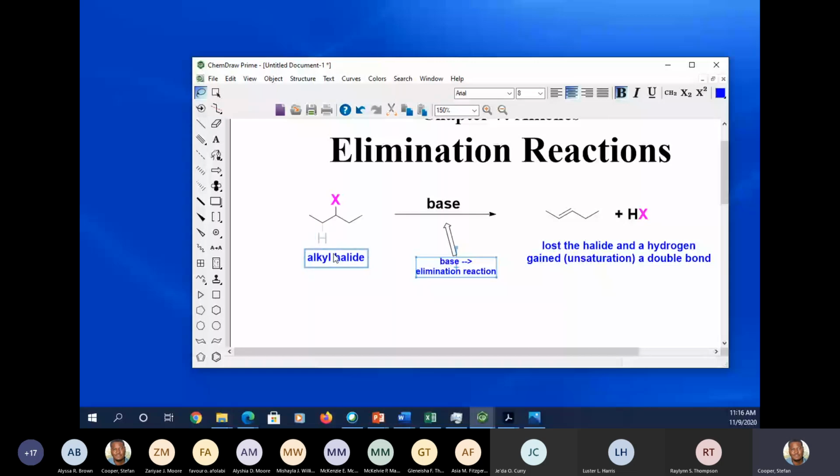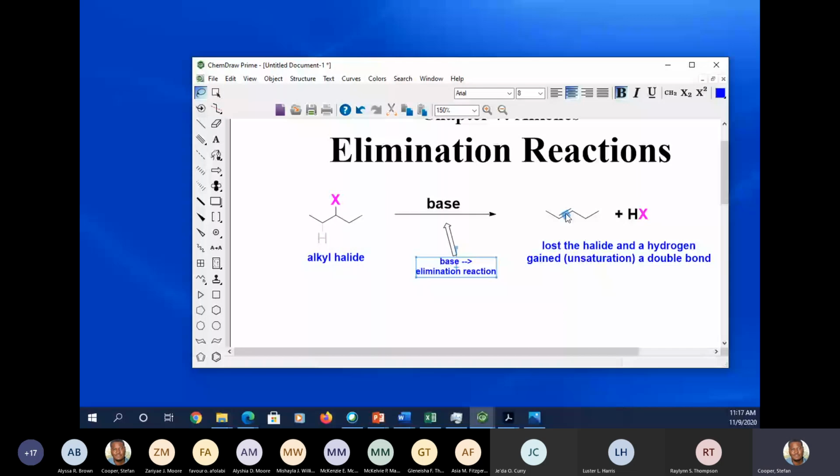Extracting a hydrogen gives a radical, a hydrogen atom with one electron. Extracting a hydride, or moving a hydride, moves an H with two electrons. If a base is present, it's going to remove a proton, so that means it's going to remove a hydrogen without any electrons. So the electrons that are present are going to form this double bond while it kicks off the leaving group. This is how we get that elimination process.